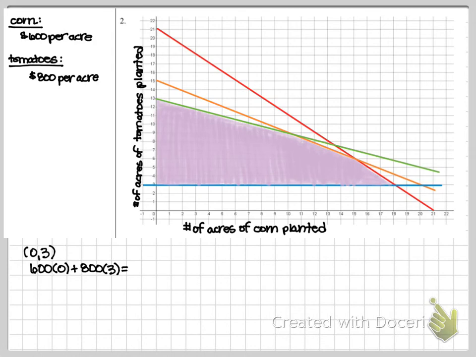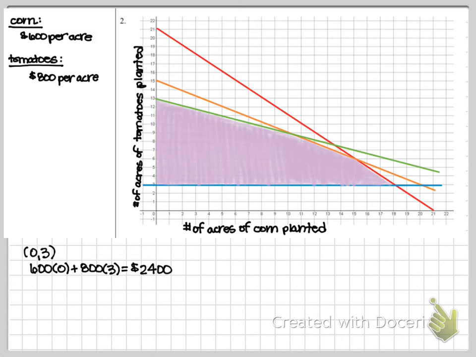And then I'm just going to grab my calculator and see what I get. At this point, I would go through and figure out that this is going to give them $2,400. All right, so if they did 0,3, they would get $2,400 if they were bound by all the constraints that we have here. Okay, so I'm going to keep checking all of my corners.